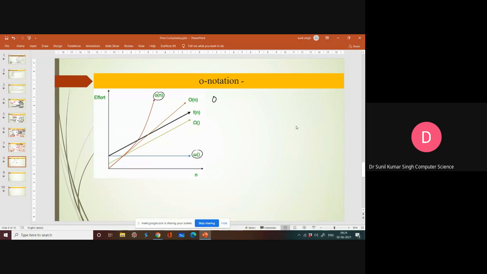Small o notation is used to denote an upper bound that is not asymptotically tight.